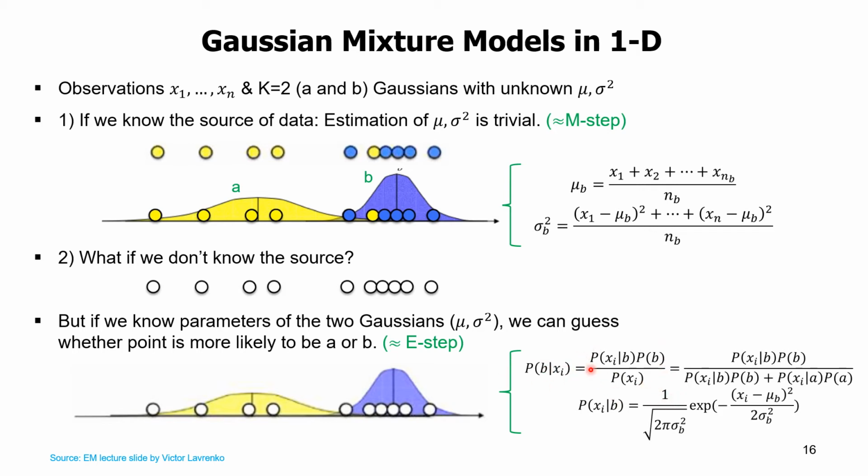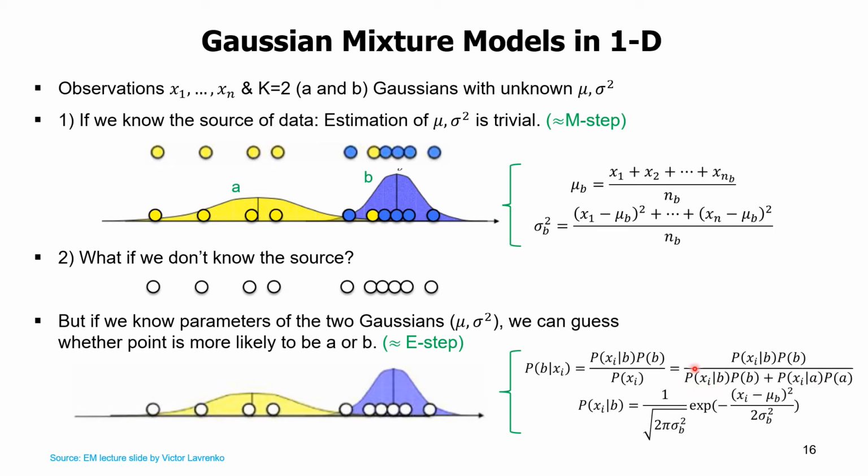this becomes this, and this one here is the probability that Xi is selected from either A or B. So Xi can be selected either from A or B. Because of that, this can be written as this.